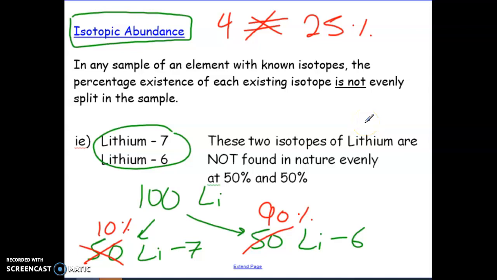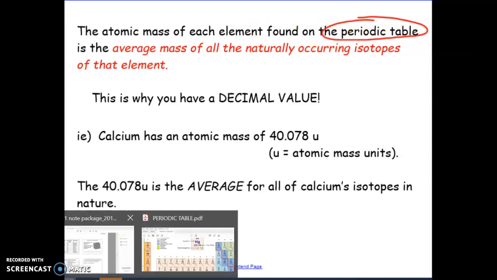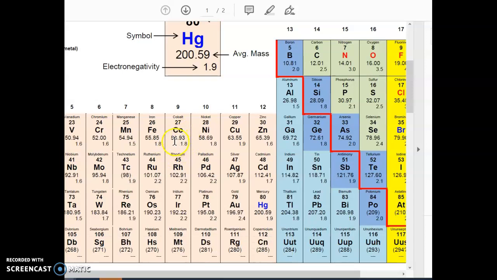So there are naturally occurring percentages, which is important to understand because, for the next point, the average atomic value of all the isotopes for that element is what you will find on the periodic table. So for example, let me bring this periodic table back up. Take a look at cobalt.